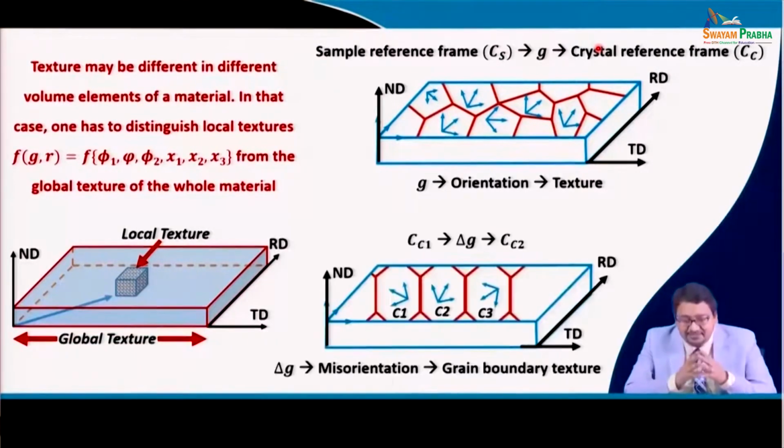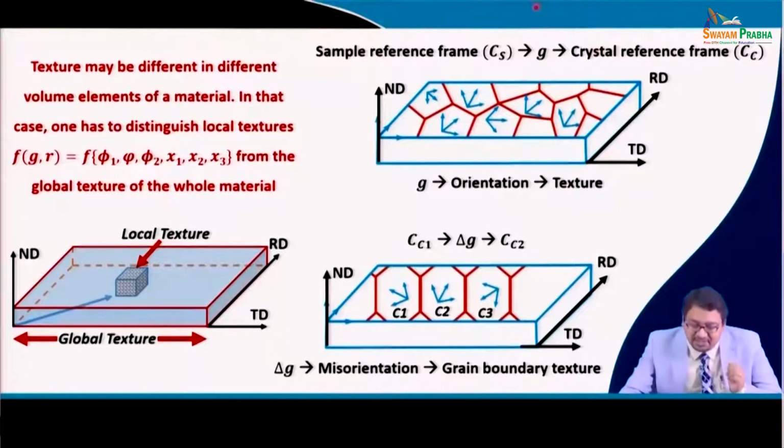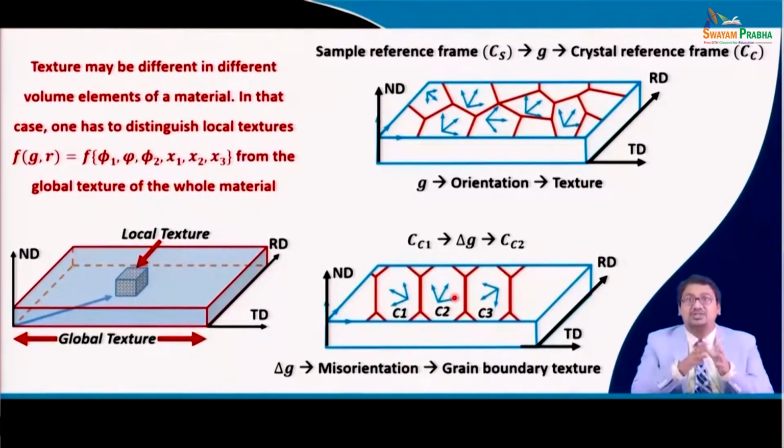On the other hand, if we obtain the information in terms of orientation location space, then one can obtain the orientation difference between the two grains, right.